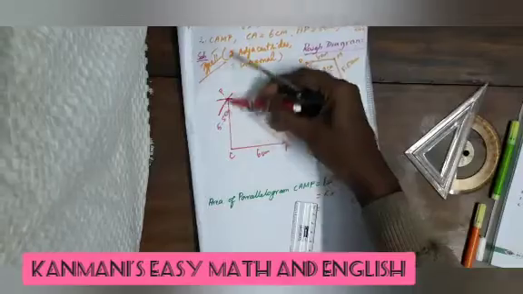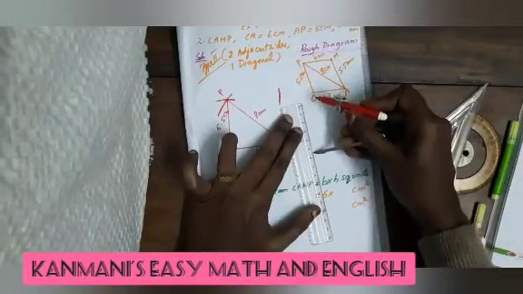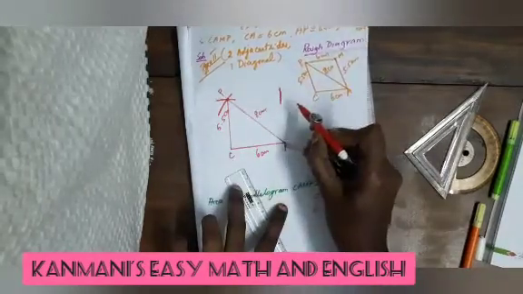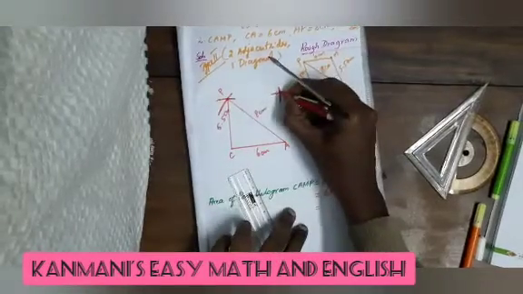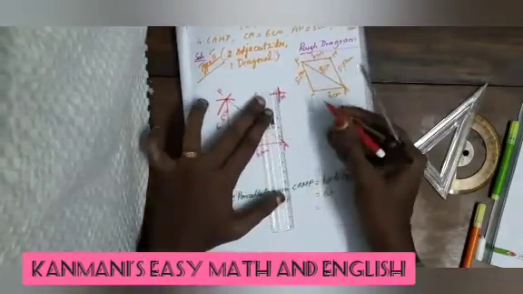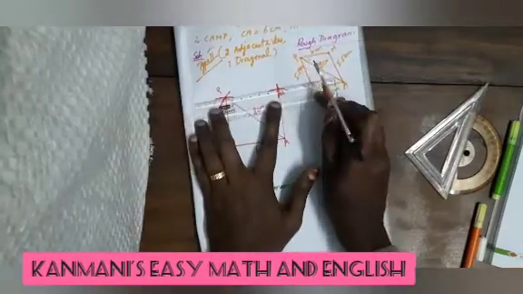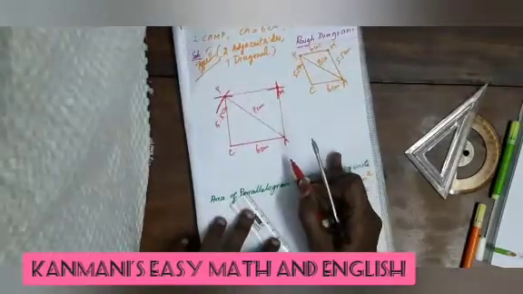If CP is 5.5, then AM will be equal to 5.5. So let us take 5.5. With A as center, let us draw an arc to cut the previous arc at M. Let us now join AM and MP so that we get a parallelogram.